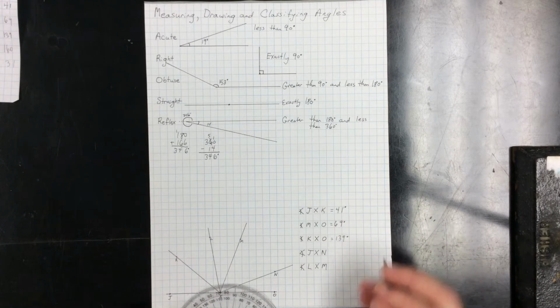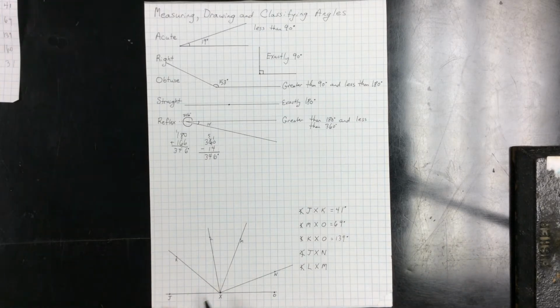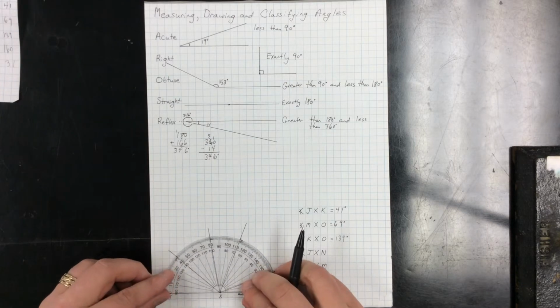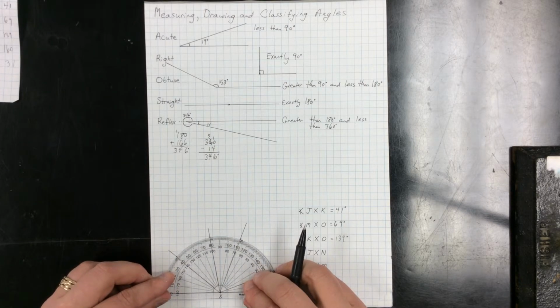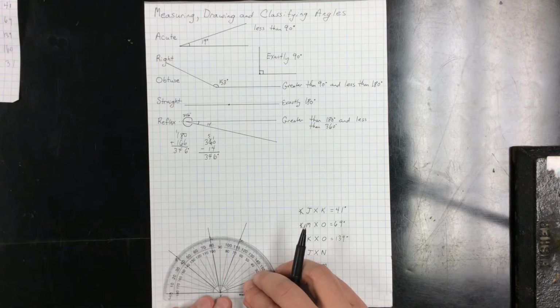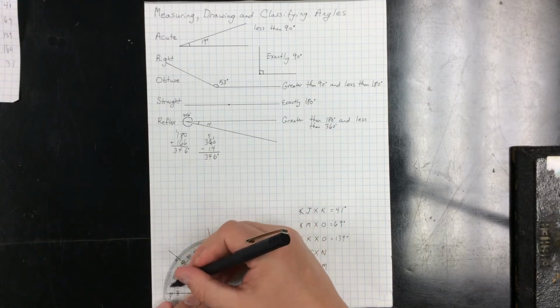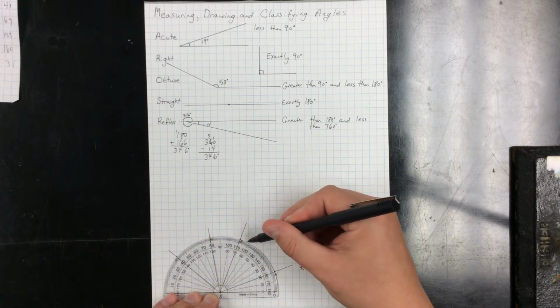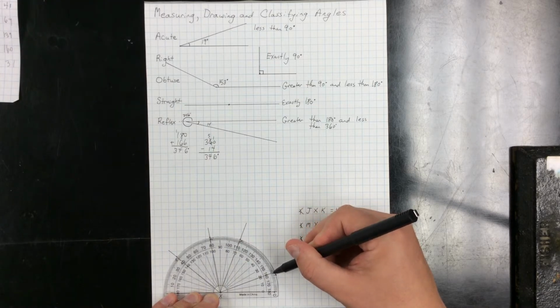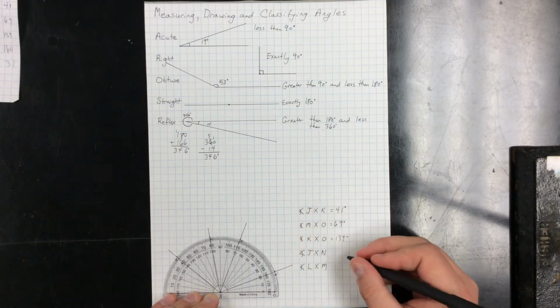All right, now JXN, it's talking about this angle. It's another obtuse angle. I have to measure in the opposite direction. I'm going to come across, starting at 0, all the way down to N. It looks like 160 degrees.